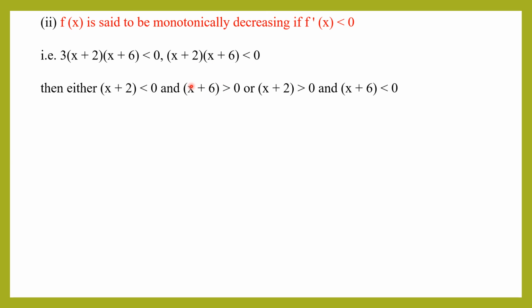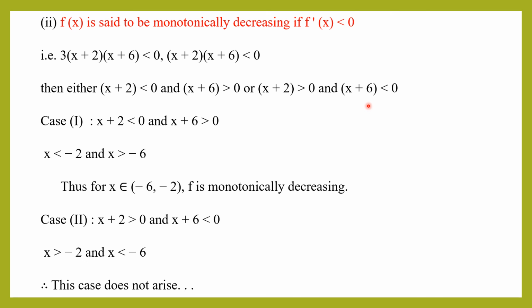Here the product is negative, so the two terms have opposite signs. Suppose first positive, then second negative; also, second condition, first negative, then second positive. We get x plus 2 less than 0 and x plus 6 greater than 0 as the first condition, negative, positive. Second condition, x plus 2 greater than 0 and x plus 6 less than 0, positive and negative.